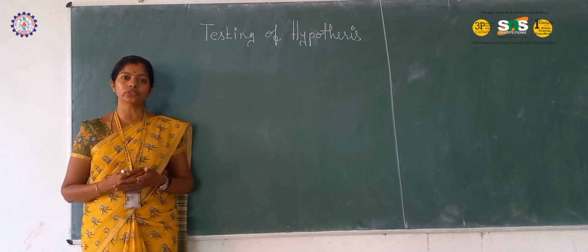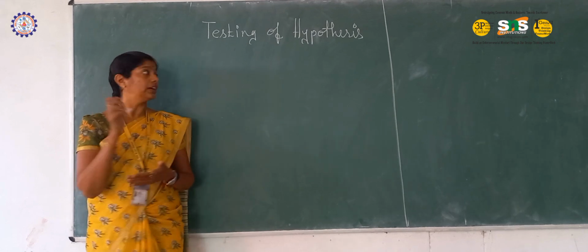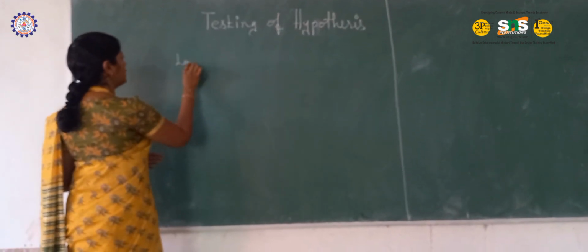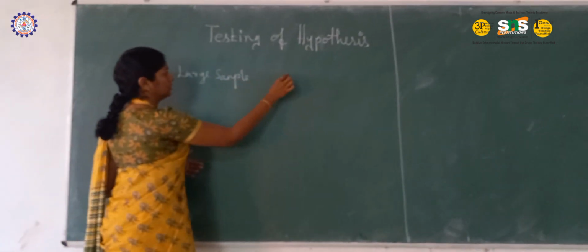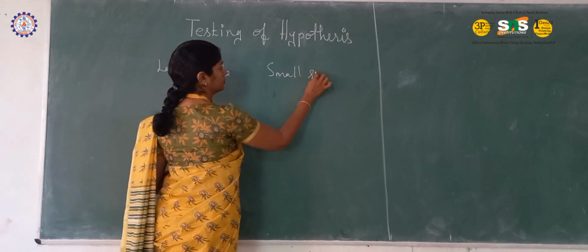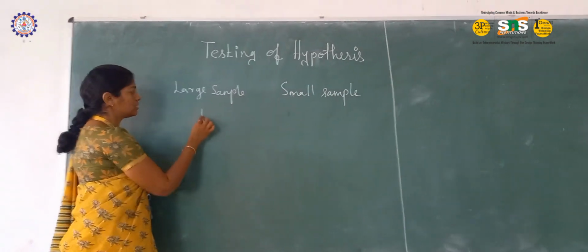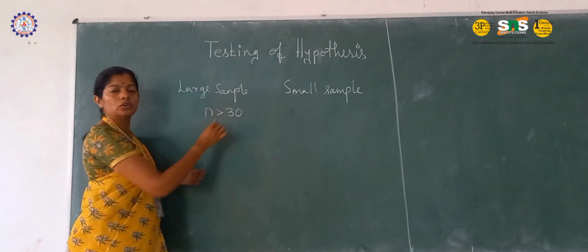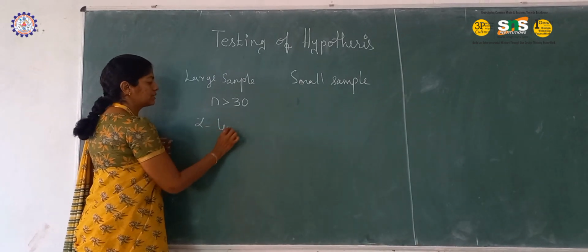Next we have to move to types of test. In types of test we have large sample and small sample. Large sample means we have 30 and above as the sample size, and in this we have the Z test.